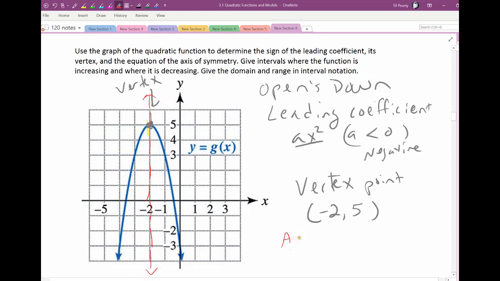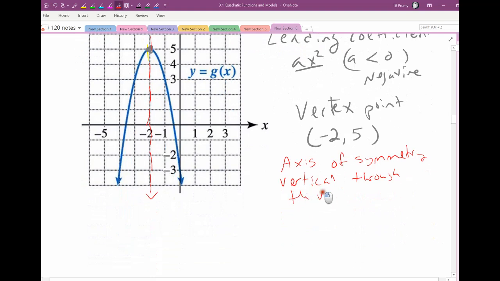The axis of symmetry is always a vertical line through the vertex, which means it's a line x equals. Vertical is x equals. It goes through the vertex -2, 5, and so that's the vertical line x equals -2. That's the axis of symmetry.